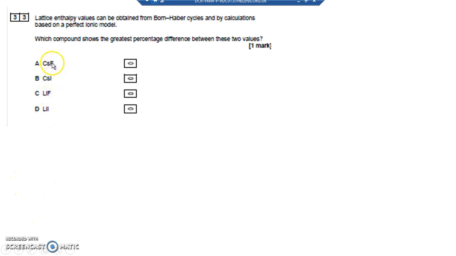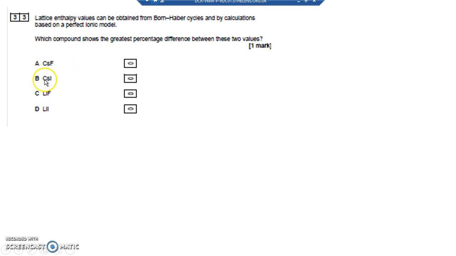F is very small. It's at the top of group 7, wants to gain one electron and will do so very easily because it's small. It will attract that electron close into its nucleus and it will be tightly held. That electron will be pulled in to form F- very, very readily.